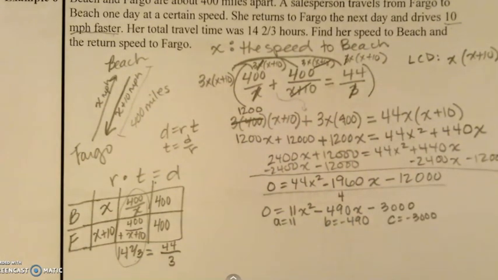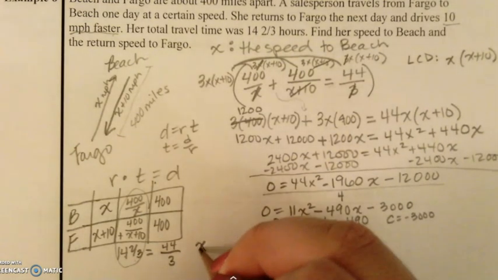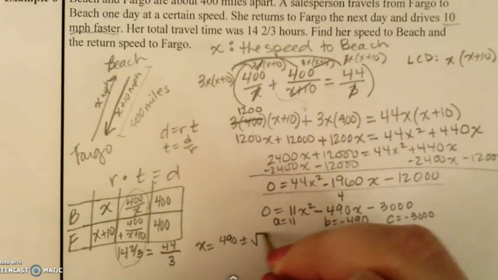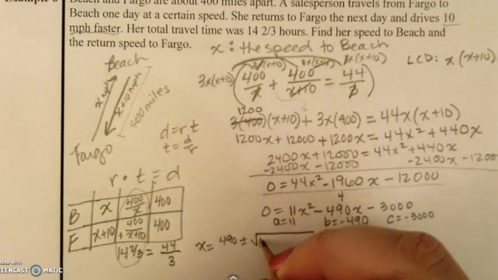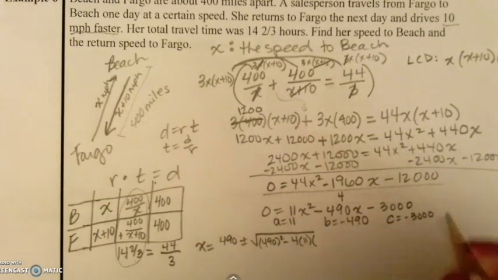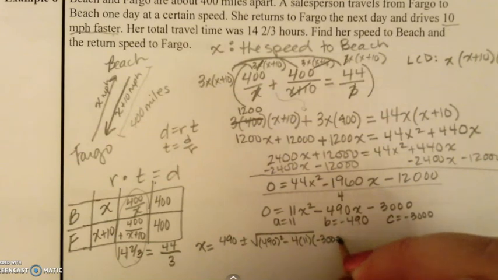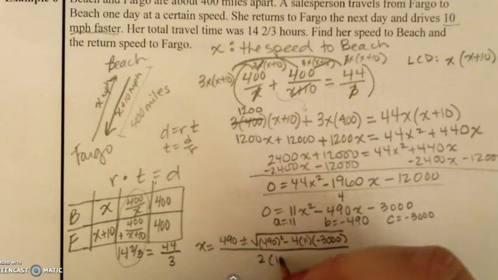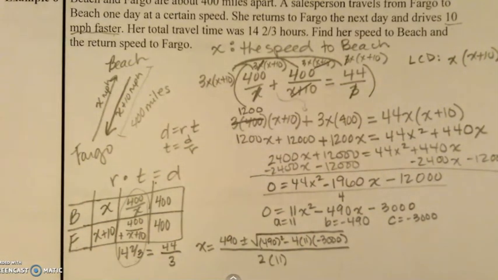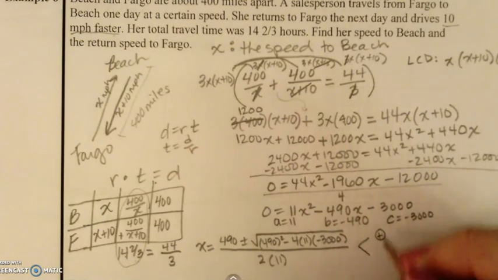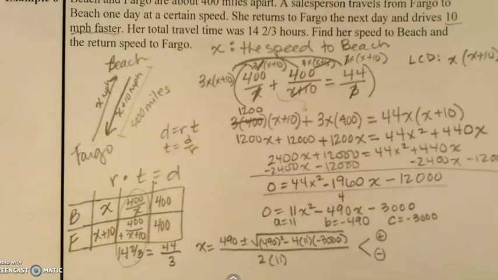And we want to know, does this factor? Probably not. So x equals the opposite of b plus or minus the square root of b squared minus 4ac all over 2a. Okay, now I'm going to put this directly into the calculator, one with a plus, one with a minus.